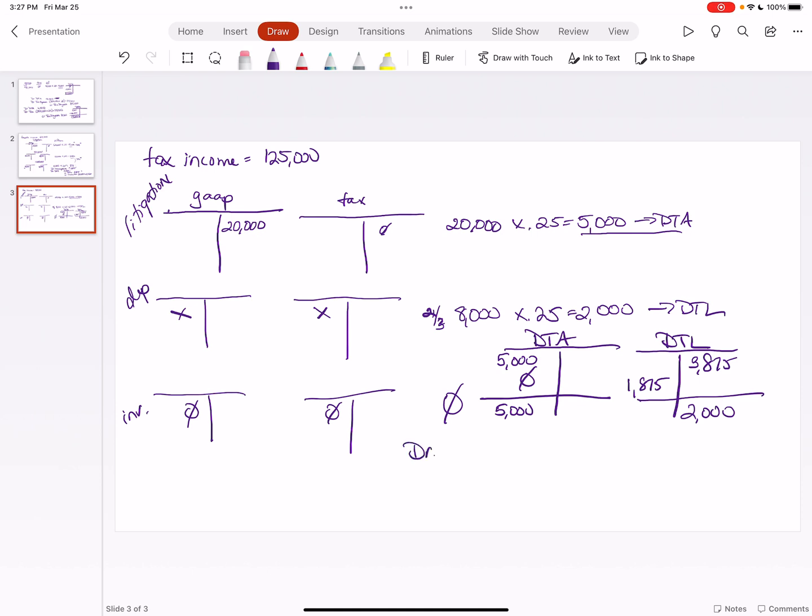Okay, debit tax expense. Can I write my tax expense number in yet? No, because I haven't been given that GAAP taxable income. I only have the taxable income. I don't have an entry to my DTA because notice we didn't need it over here. I do have a debit to the DTL. This is the adjustment we came up with here.